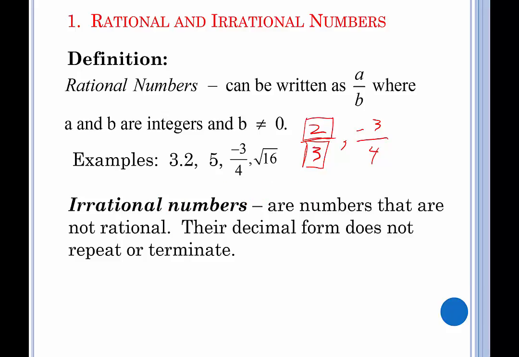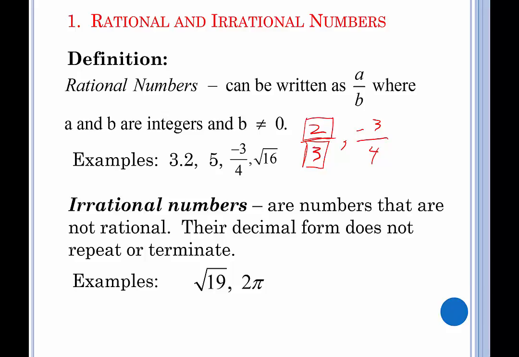And that would leave us with irrational numbers. Those are numbers that are not rational. So it's basically everything else. So their decimal form does not repeat and does not terminate. So some examples. The square root of 19. The square root of 19 is not a perfect square, so that's a decimal that goes on and on forever without repeating and without ending.